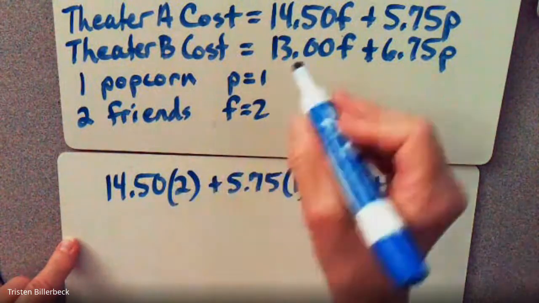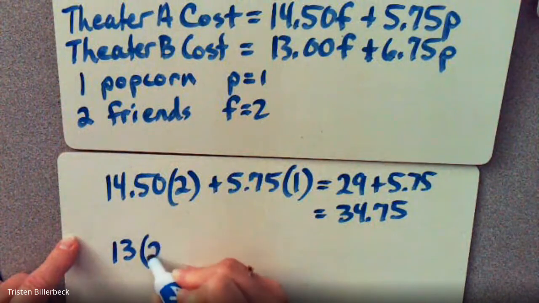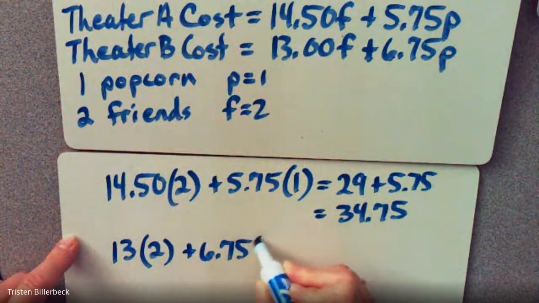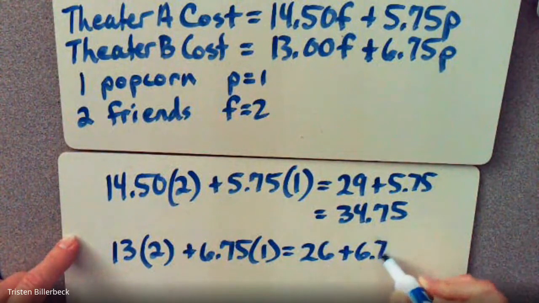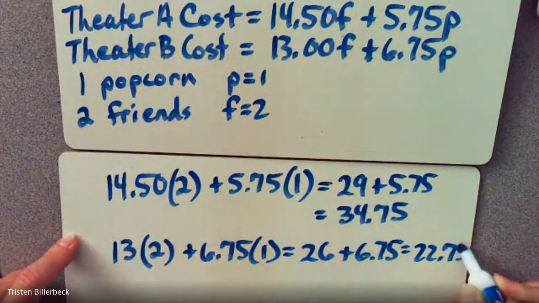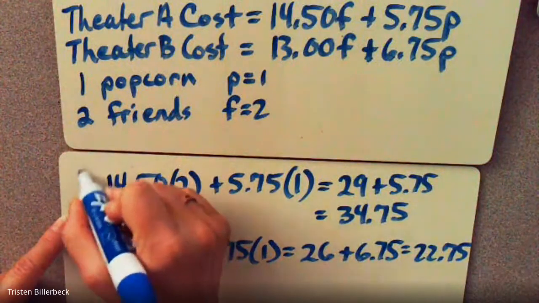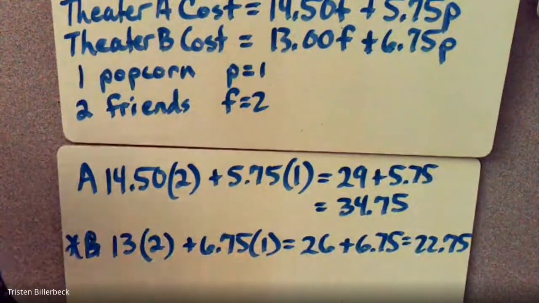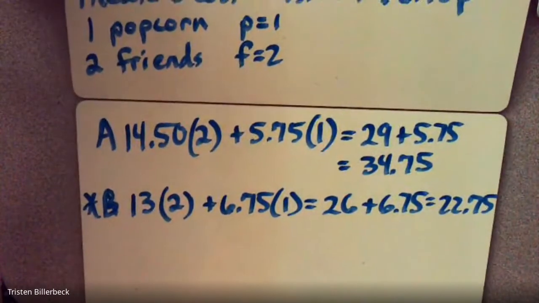Now if we're going to theater B, we have $13 times 2 plus 6.75 times 1, so 26 plus 6.75, and that gives us $32.75. So theater B, this is B, this is A, theater B is the winner. For two people and one popcorn, we want to go there.